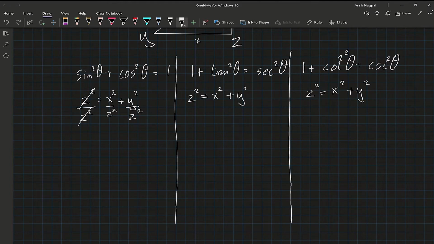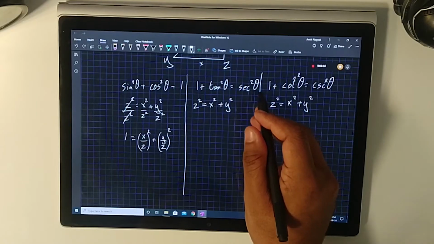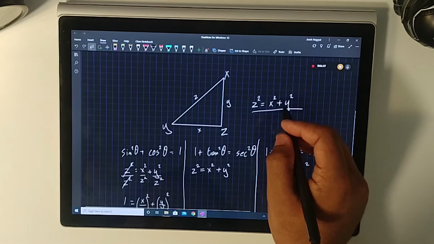Now we know z square over z square would cancel out and give us 1. And x square over z square can be written as x over z whole square, right? And y square over z square can be written as y over z whole square.